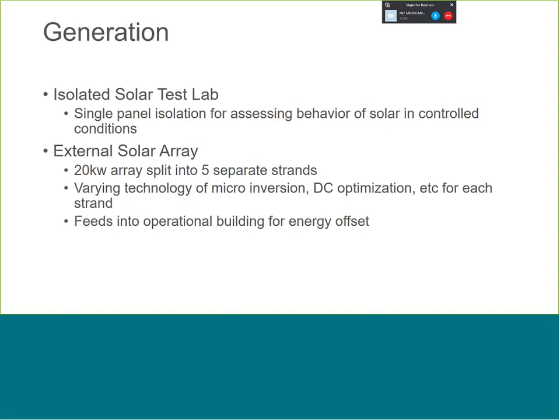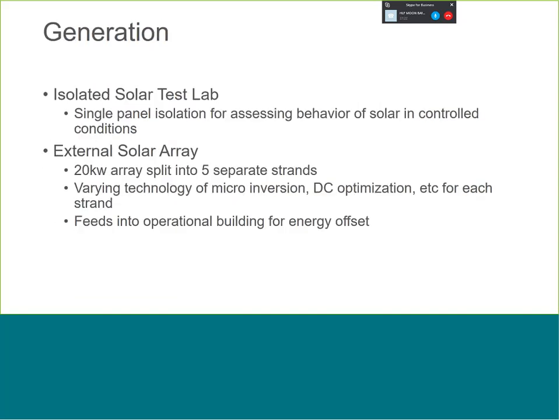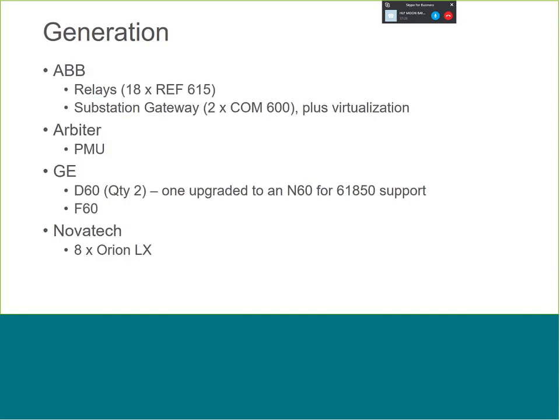It's 5 strands of different inversion technology where we can instrument that for data collection and or potentially control. Electrical engineering has used it for power rectification circuitry and other things in looking at microinverter efficiency and DC optimization approaches. And that strand feeds a real load, so there's also things we can do on the load side for that.